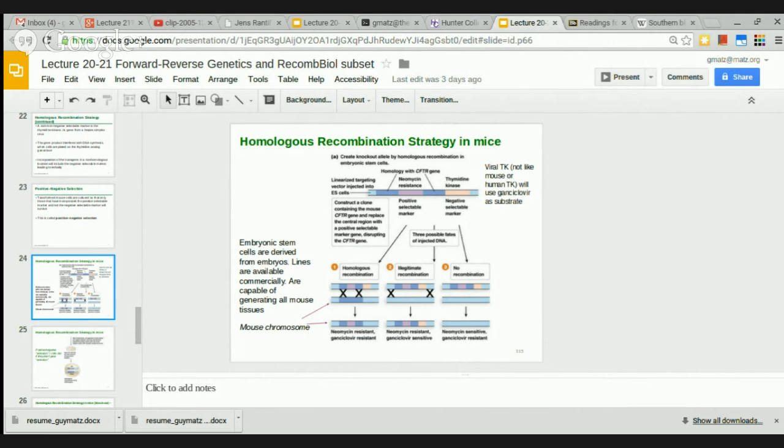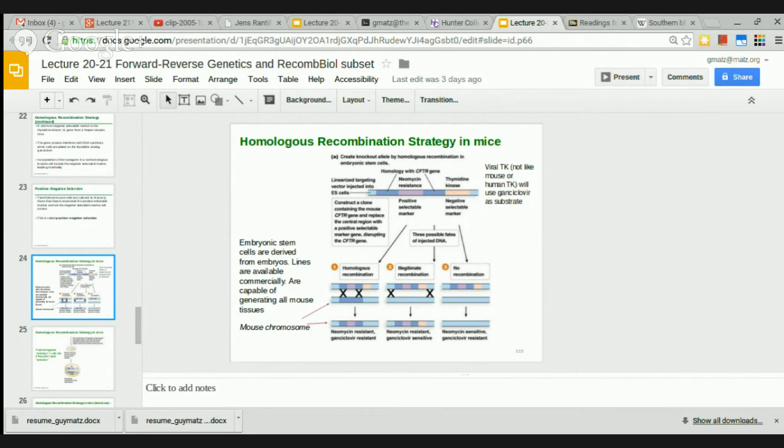But the new idea in these constructs was to add this. And again, this is a case where basic biology, understanding what things do, how they work, allows you to piggyback until you can do something you never thought you could do. So the herpes simplex virus was being studied. It has a thymidine kinase gene, which, like our thymidine kinase gene, is phosphorylating thymidine so that it can be incorporated into DNA.